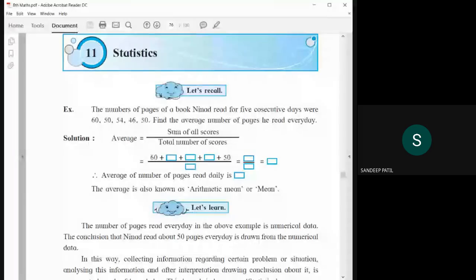So can you see my screen now? Can you see my screen? That's great. So I'm scribbling something with the red pen. Can you see that?